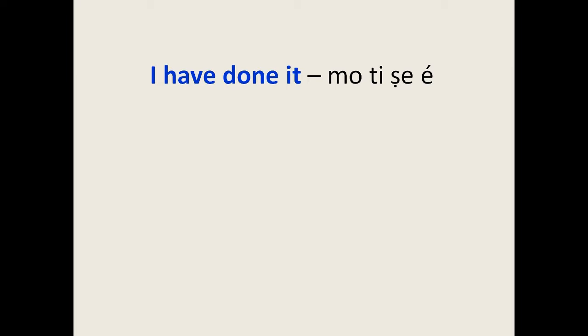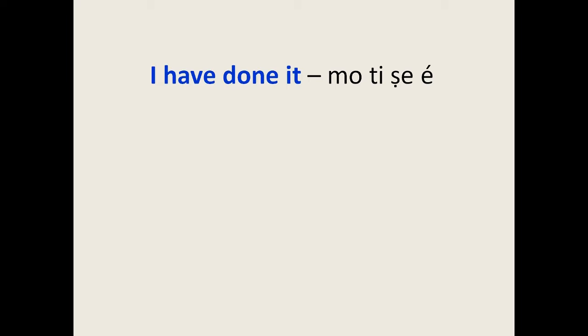If you recall from our previous lessons, you will know do it. We talked about something like that when we were talking about the object forms of the third person pronoun. So do it is ṣe, done it is also ṣe, but because the have done is catered for by the ti that comes in there.